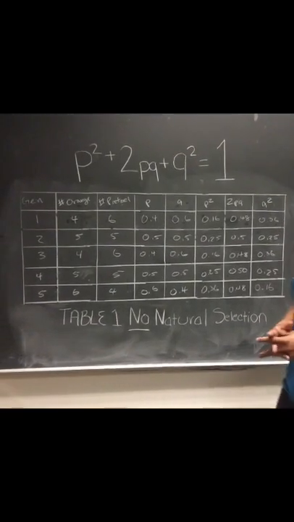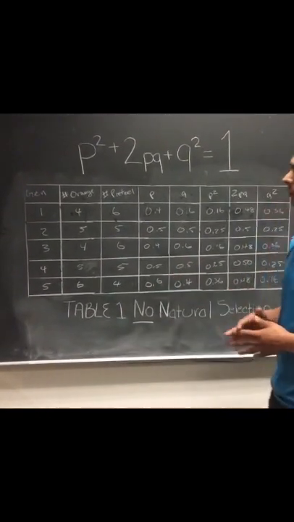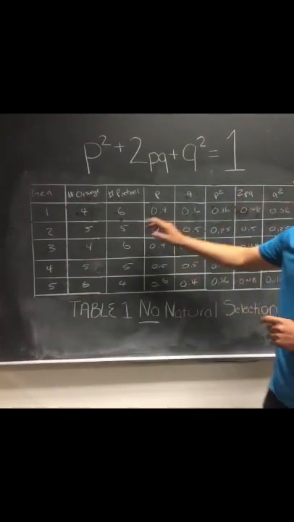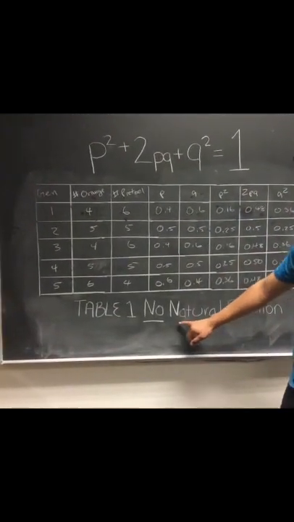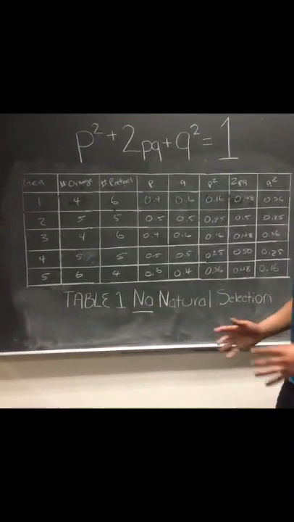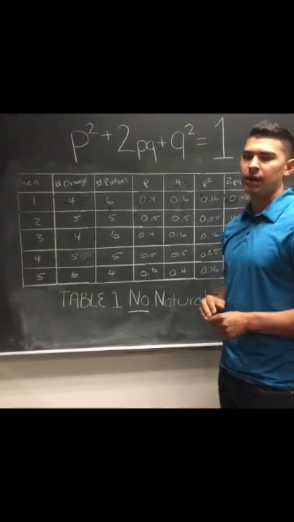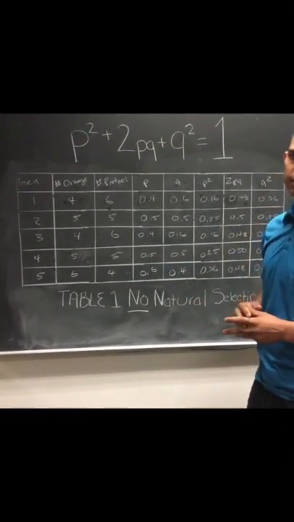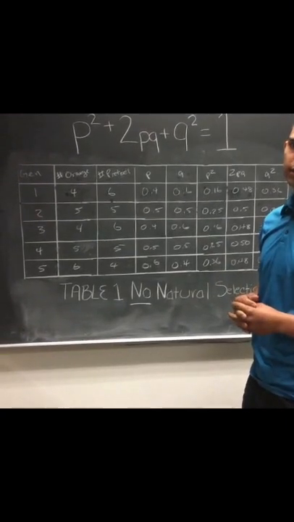So here we did a sample with the populations, where we did 5 generations and filled in table 1 with no natural selection. That means everything's completely random. You're not choosing which ones you're eating. You're going to randomly eat 3 of them and then randomly select 3 from the pool.